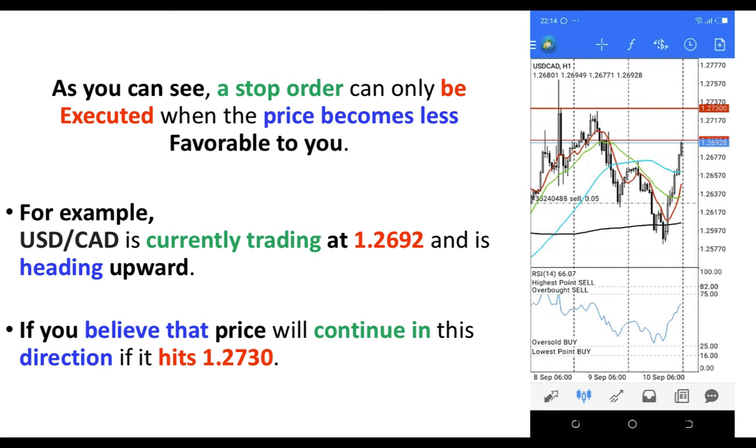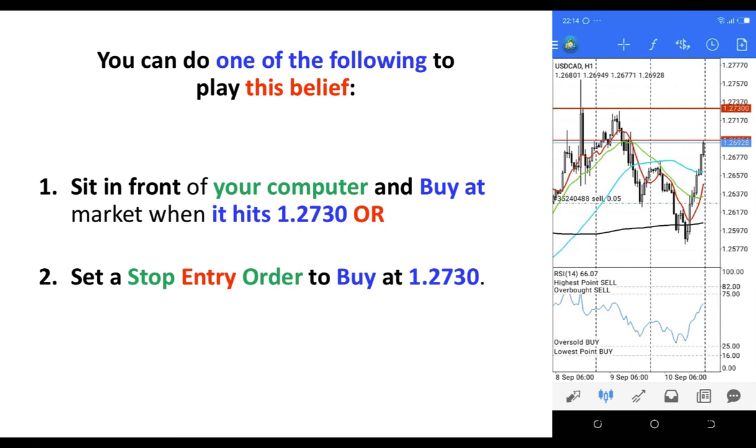So this is a practical example of the stop entry order. You can do one of the following to play this belief of yours. Now take note, guys, your belief shouldn't just be something you wake up and say, oh, I believe this market will go up or go down. No, you should have a strategy.